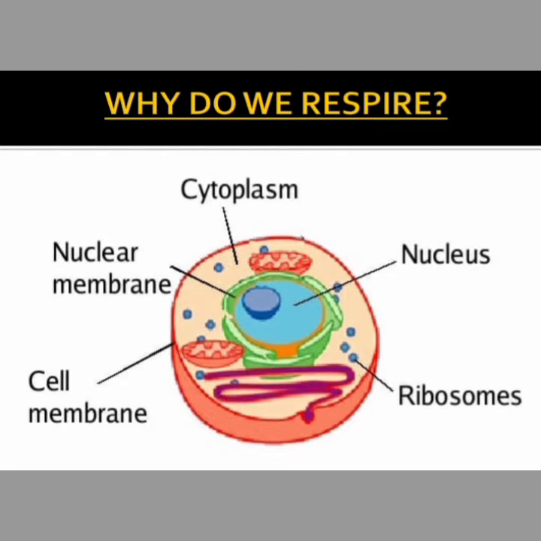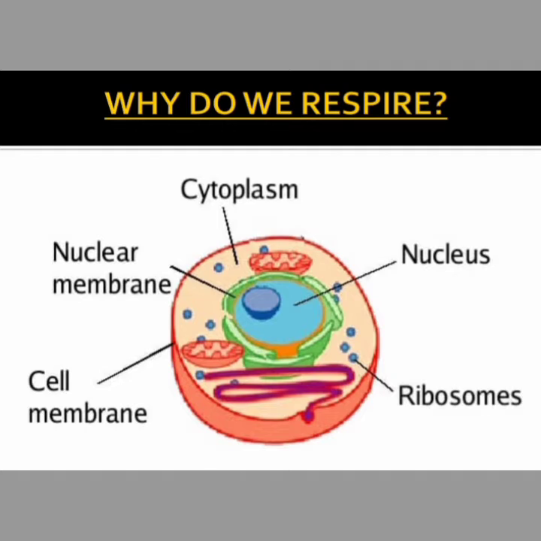Before that, in chapter 2 we have learned that all organisms are made up of small microscopic units called cells. How do you define a cell, children? A cell is a structural and functional unit of all living organisms.